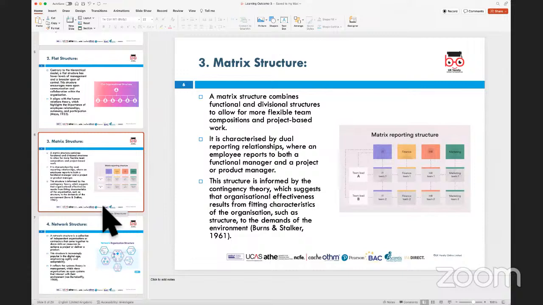Now, if I merge this with divisional structure, that means there are different divisions of the business. Microsoft, for example, has lots of different products, and they've divided the products into different divisions. You have Xbox as one division, Bing as one division, Windows as one division, cloud computing as one division.